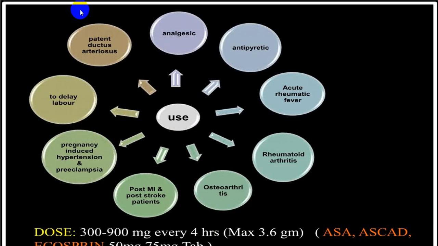So all these are common indications: to delay labor, patent ductus arteriosus, as analgesic, antipyretic, anti-rheumatic, rheumatoid arthritis, osteoarthritis, post-MI, post-stroke, pregnancy-induced hypertension and preeclampsia, etc. These are the common uses.